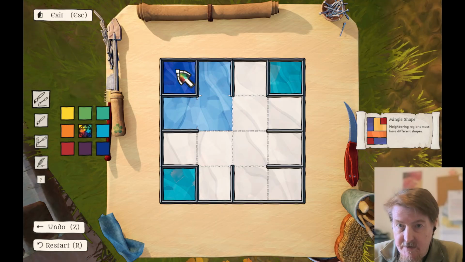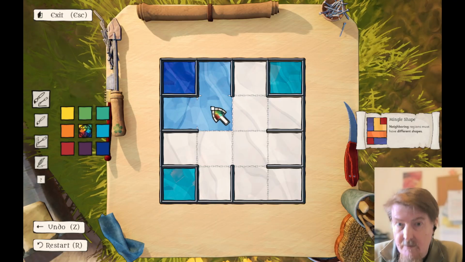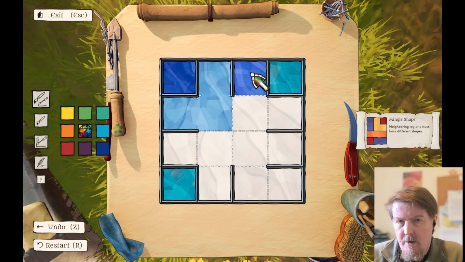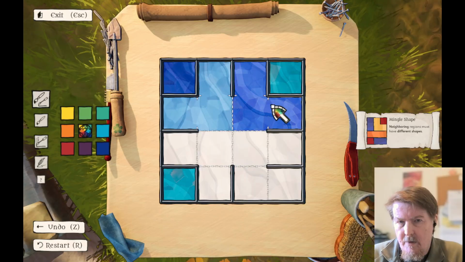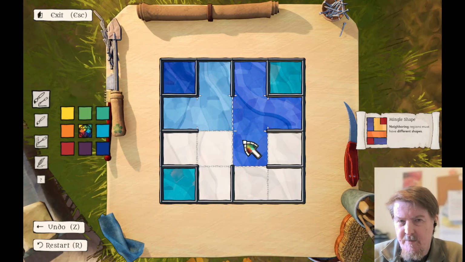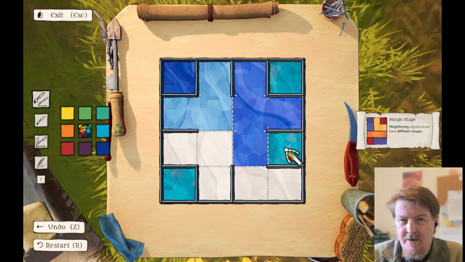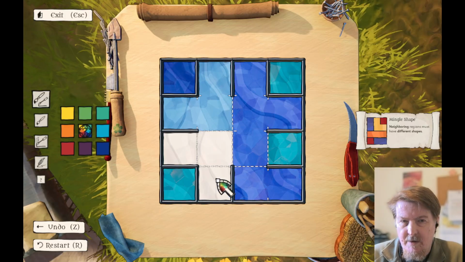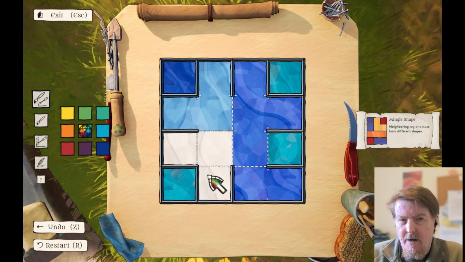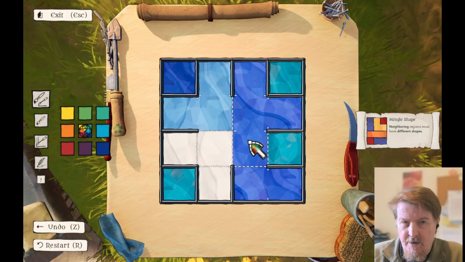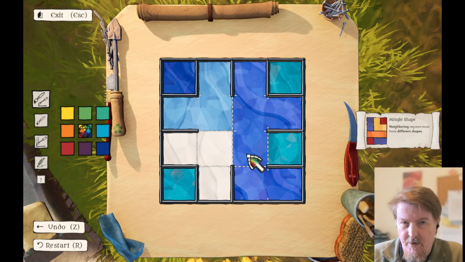That has to be at least a T-piece. That has to not be a T-piece. And I just scuppered myself.